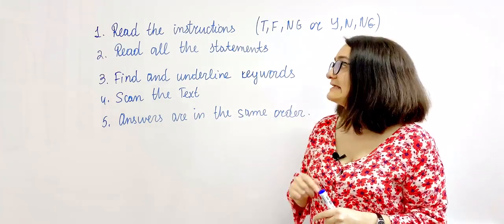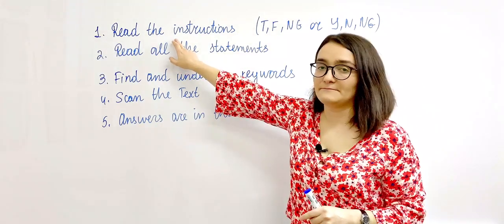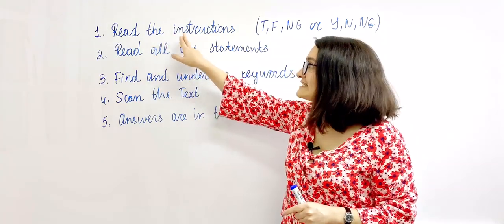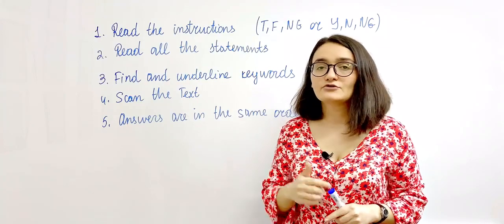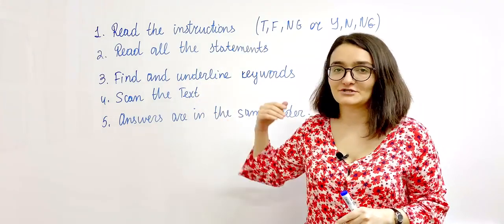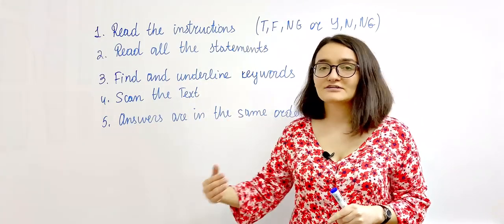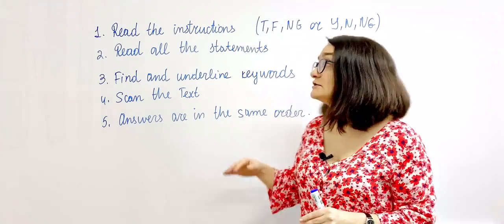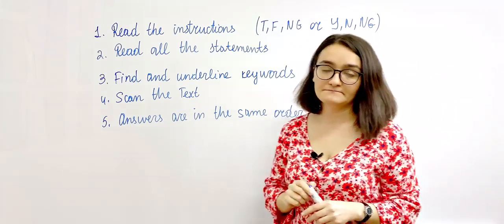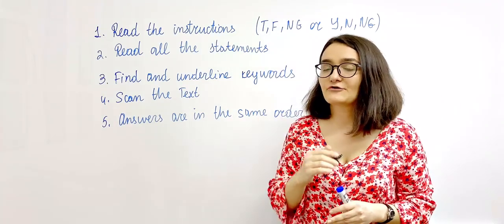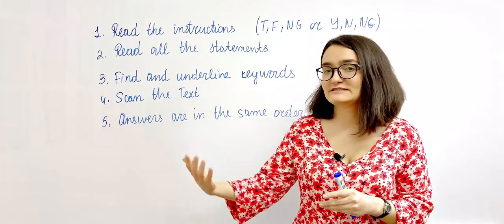And firstly, here I have written the first step. It is to read the instructions. Before starting to read the question, you have to pay attention to your instruction. And in the instruction, you are told to write true, false, not given or yes, no, not given. And you have to identify your questions, otherwise you can make mistakes.